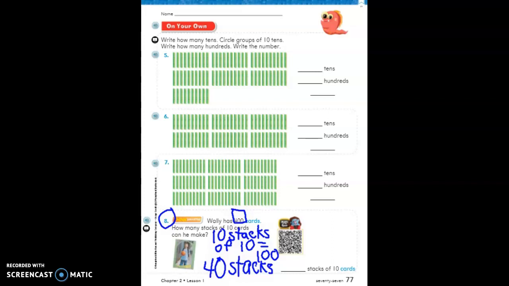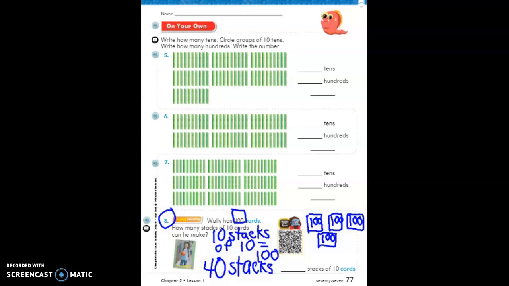Does that make sense? We don't want to have to draw out each of those, but we can use the big cubes, and that makes 100, right? 200, 300, and 400.